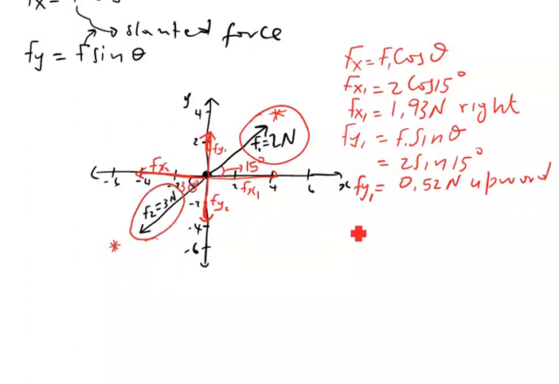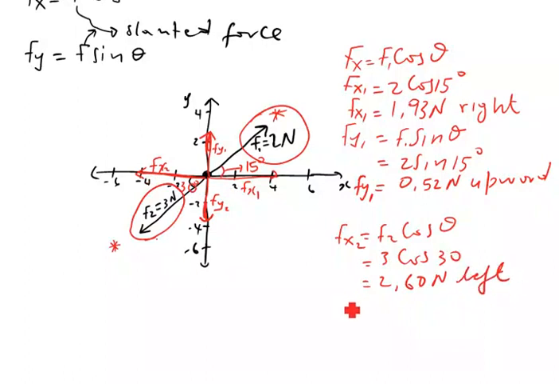Same applies here. Fx2 will be F2 cos theta. For Fx2, the force is 3, cos the angle here, which is 30. Then we press the calculator. 3 cos 30 is 2.60 newtons. The direction for this one is to the left. Then that is Fx2.